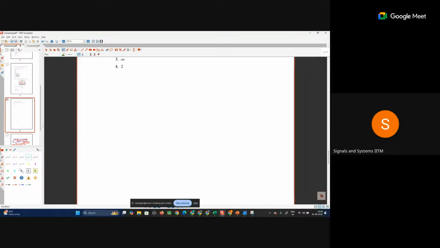So T is given as 8. A1 and A minus 1 are 2, and A3 is A minus 3 star, which is 4j. So x of t is represented as a naught cos omega naught t plus b1 sin omega 1 t.